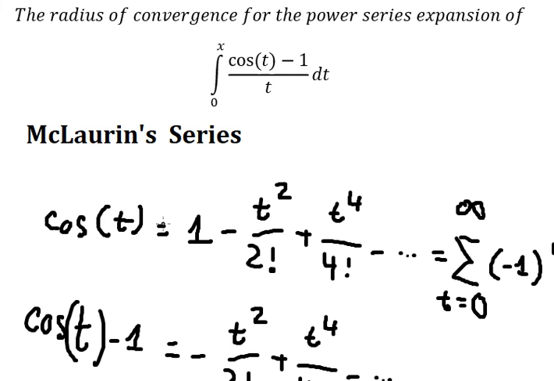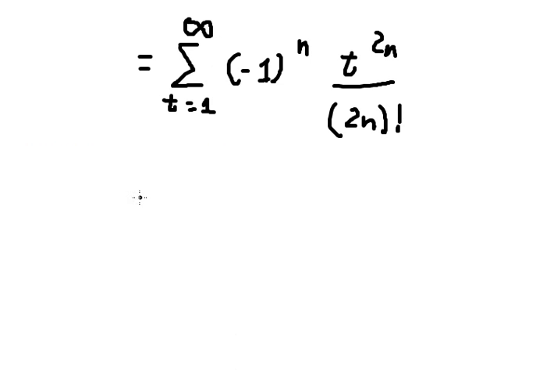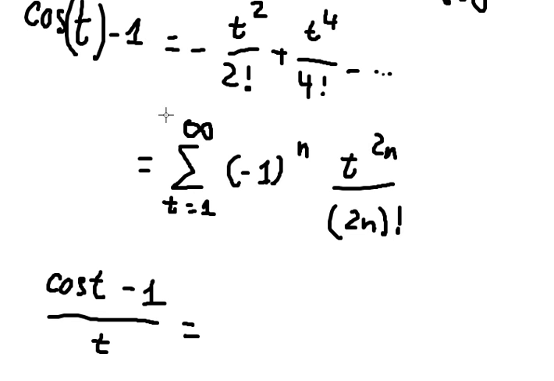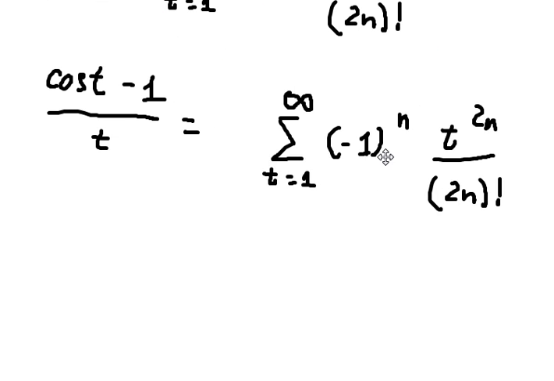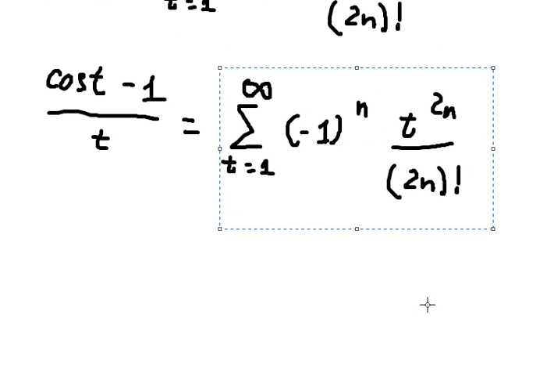Now the next one, we divide by t, so we have cosine t minus 1 divided by t, so that means we have this one in here. So we need to put the t in here.